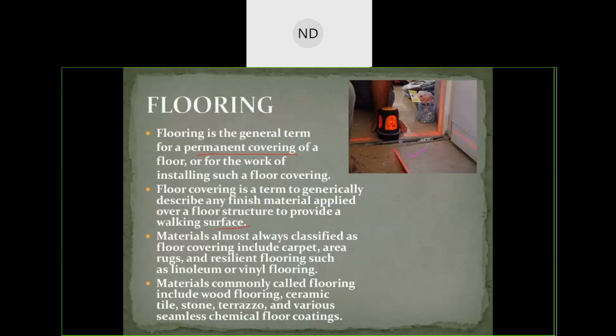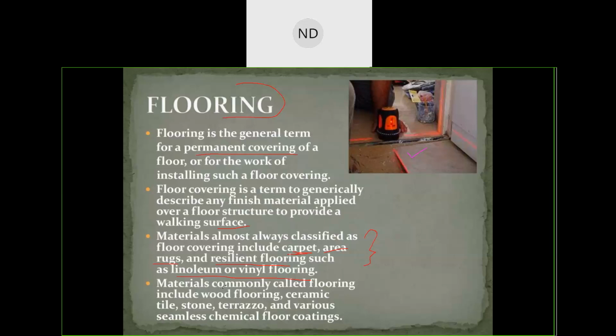The next point says that materials almost always classified as floor covering include carpet, area rugs, and resilient flooring such as linoleum or vinyl flooring. So these are the coverings basically which are used for your flooring.